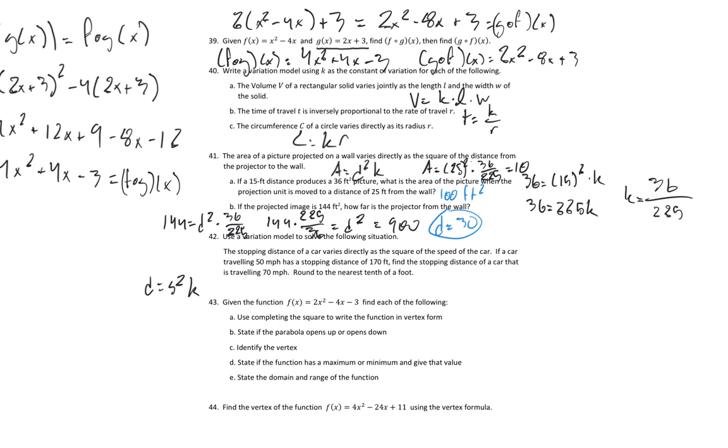Let's go ahead and do miles per hour to feet per hour. So 1 mile is 5,280 feet, so 50 miles per 1 hour times 5,280 feet per 1 mile.